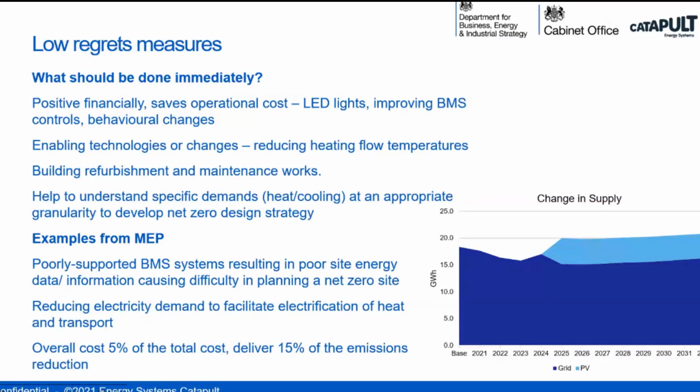Then you can see the expectation of the site load increasing, which is due to the installation of some electrical heating equipment, heat pumps or similar, and that is being offset by the installation of some PV system in order to reduce the total load required.